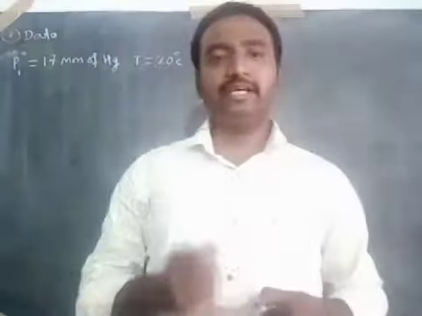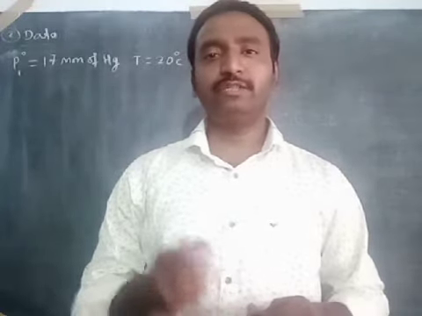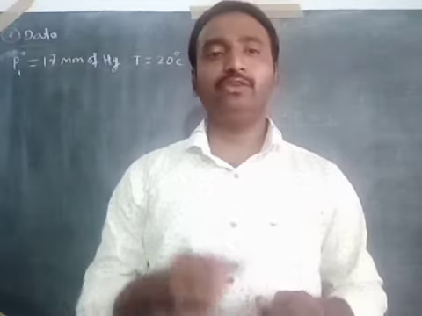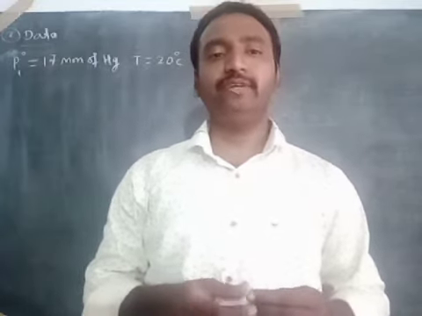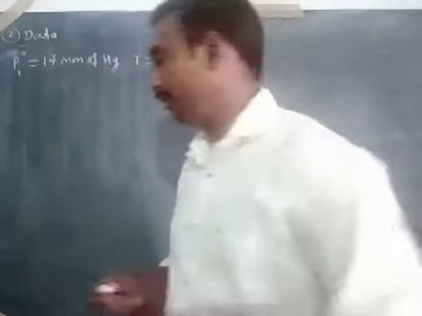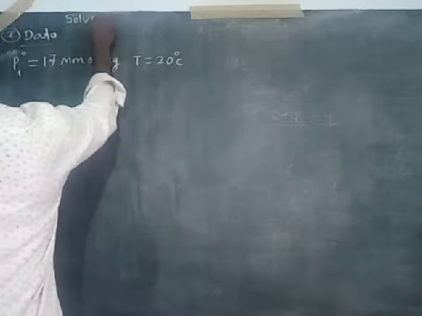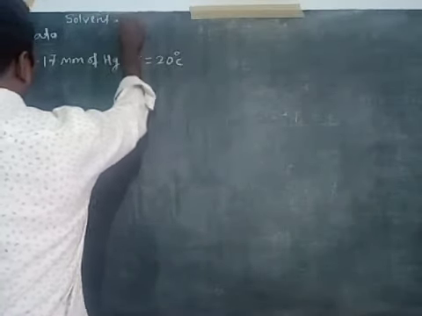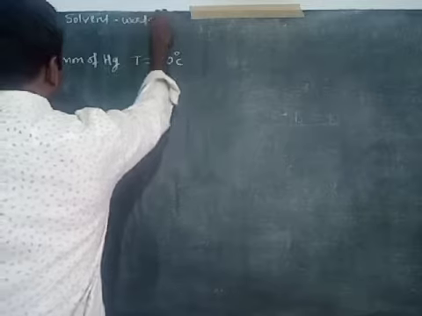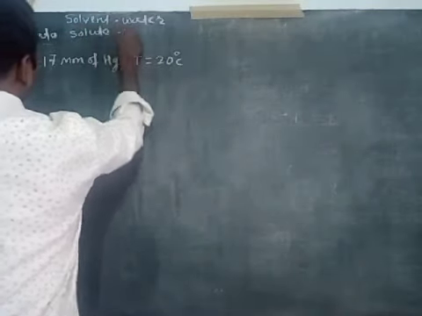It means there is a solution of urea which is made by dissolving 2.8 gram urea in 50 gram of water, and if there is a solution of urea, that means here the solvent will be water, because the solution is made in water, and the solute will be urea.